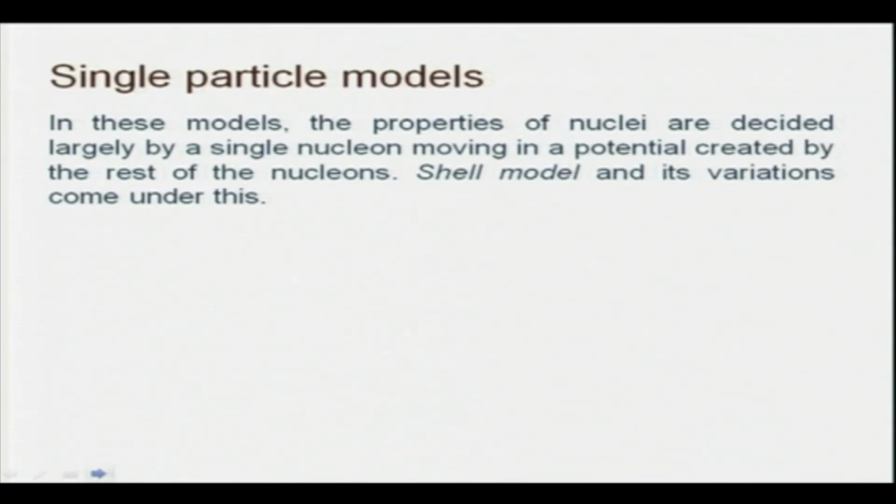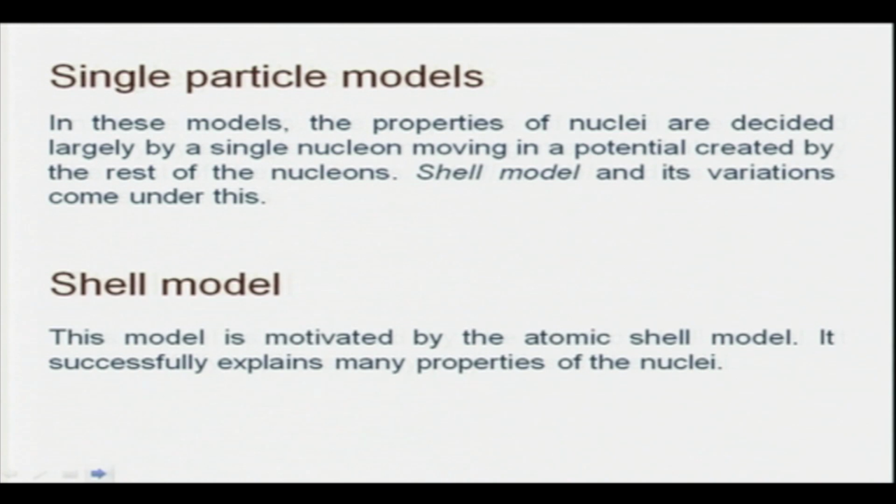Okay. So, the single particle model, as I said, discusses a few nucleons which dictate the properties of the nucleus, and they will be moving in a kind of potential generated by the rest of the nucleus.